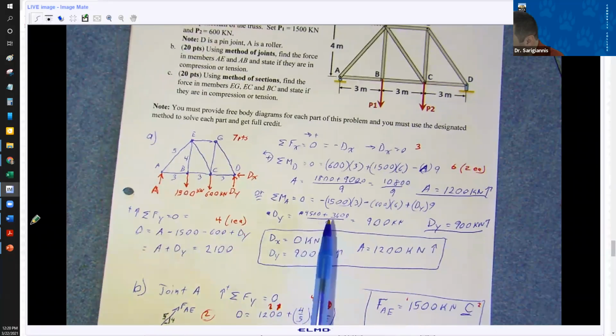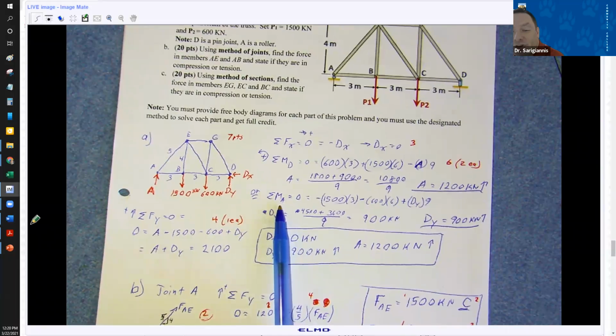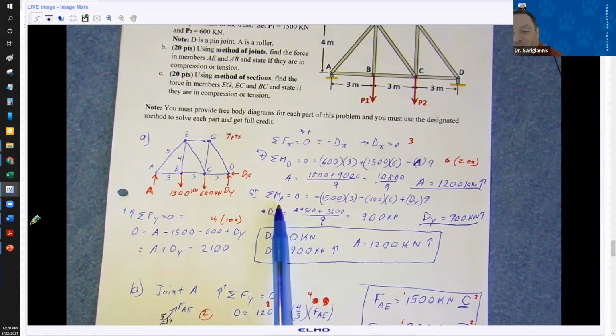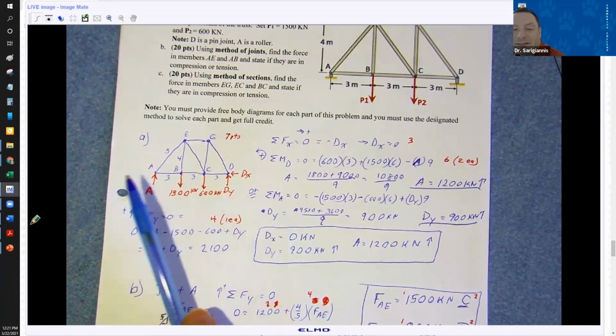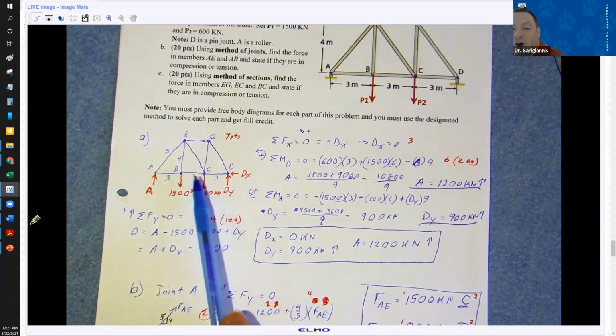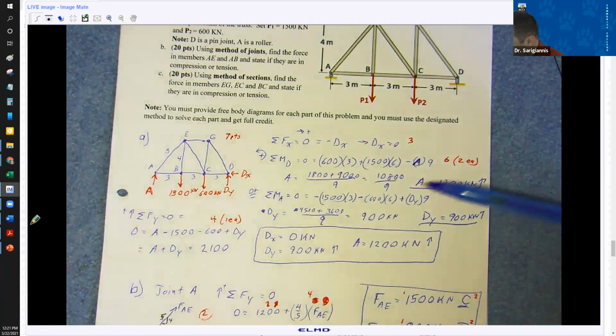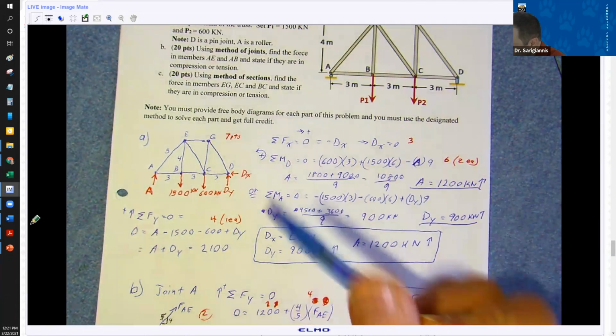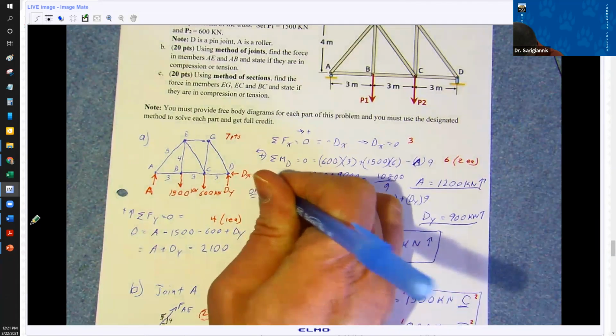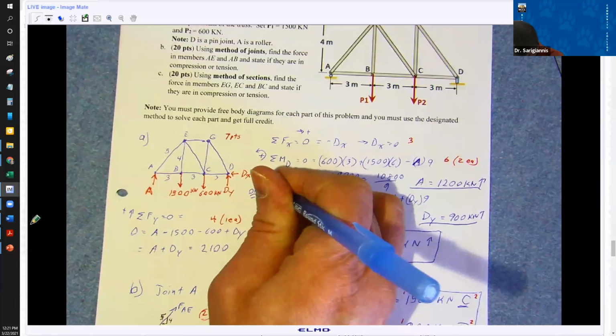Now, if you did this the other way, sum of the moments about A equals 0. That's what are the moments generated by these forces about point A? And so here we can see again, we're using counterclockwise is positive, right?